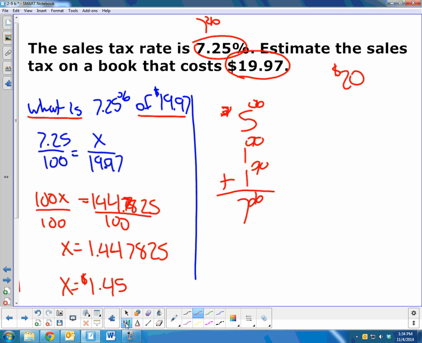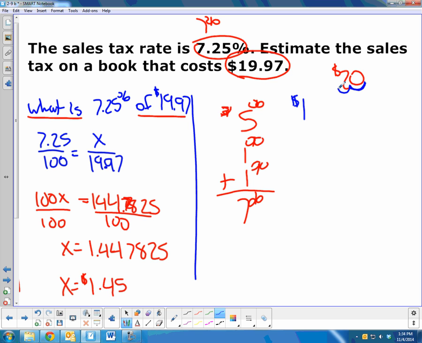And so when you go to the thrift shop and you get your book for $20, because you've got $20 in your pocket, 5%, again, we said, well, 10% is just moving the decimal once to the left, dividing by 10. So that's $2. So if 10% is $2, 5% has got to be $1. 1%, now 1%, well, if 10% is dividing by 10, 1% is divided by another 10.